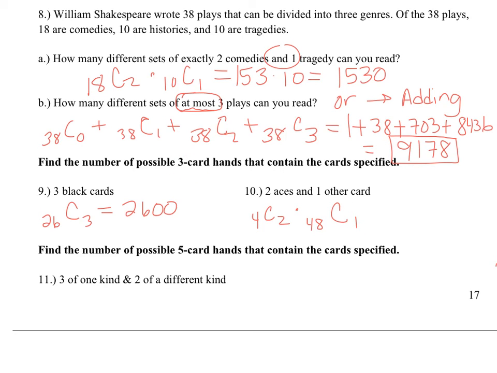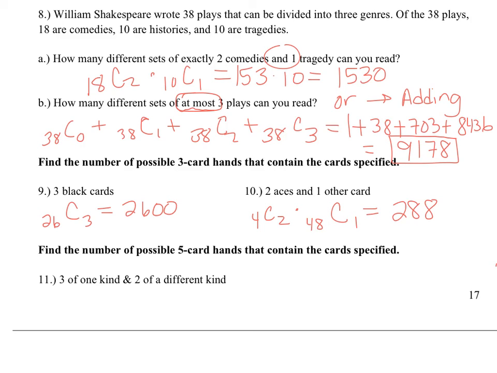They want a 3-card hand. 2 of them will be aces, so out of the 4 aces we're going to choose 2 of those, and then 1's going to be something totally different. So out of the 48 other cards we choose 1. So 4 choose 2 times 48 choose 1. There's 288 ways we could get a 3-card hand that has 2 aces and 1 other card.